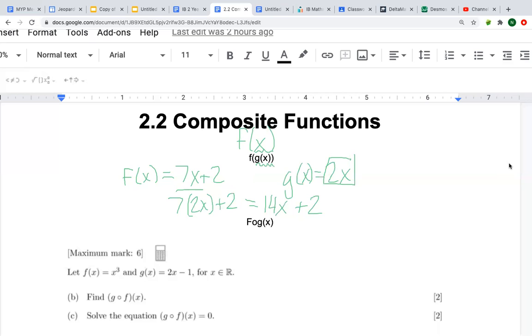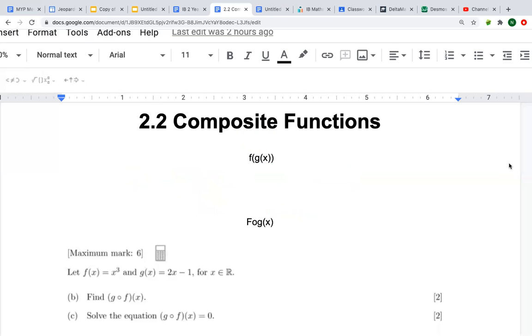So this first one here is a calculator question, so you can use your calculator, which makes it a little bit nicer, but for part B, you don't need your calculator. Since it's written g∘f of x, it always helps me to write it in the other notation.